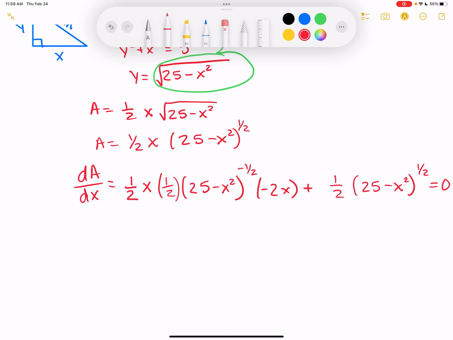All right, so looking at this, I'm going to do this next step in a different color just to help see what's going on. This 1/2 and this 2 can cancel each other. The power of negative half is going to move that square root to the bottom. This x is going to stay on top.